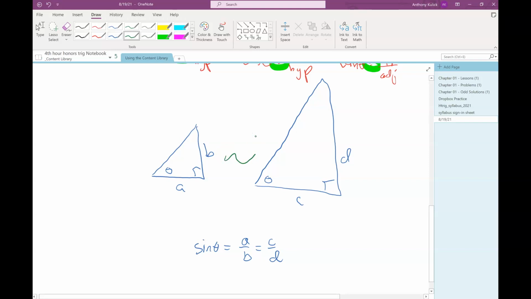So similar triangles, and let's start here with how do we know they're similar? Yes, sir. Same shape. It's that we know all three angles... the size of one is half of the other, or the size of one is double the other. Proportional is the word that you're looking for.